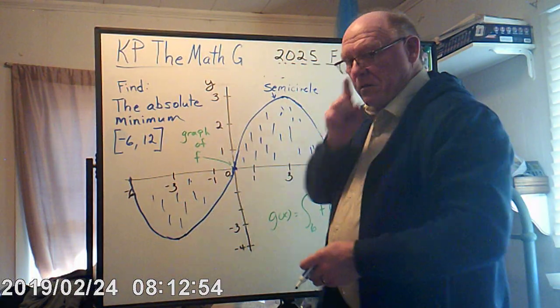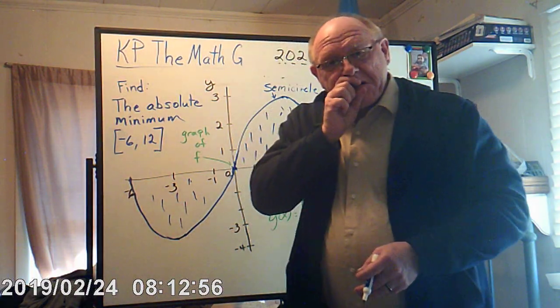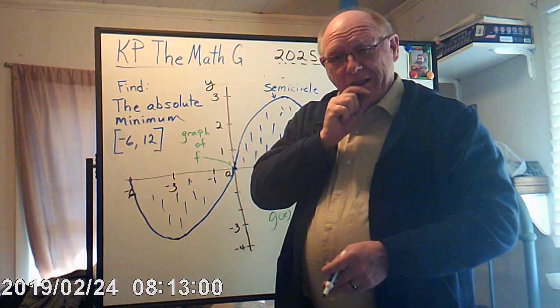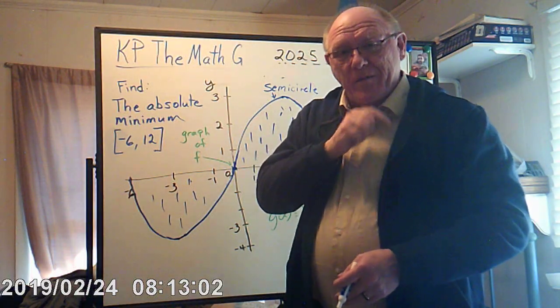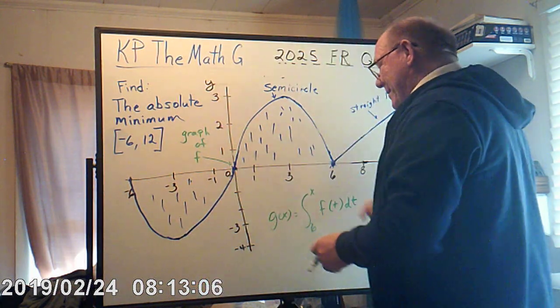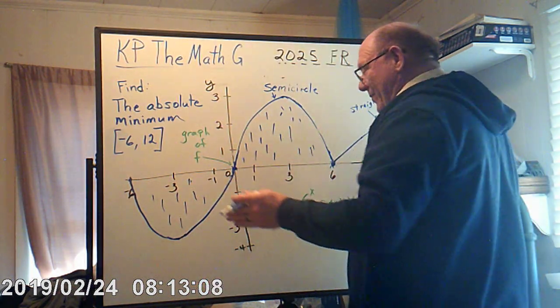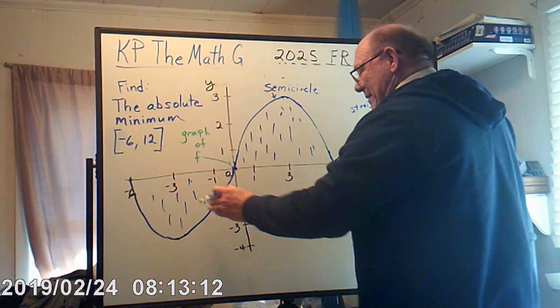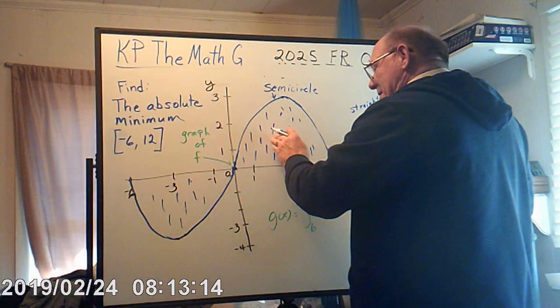Now I know it doesn't look like it because the drawing isn't to scale. It looks more like a parabolic thing, but it doesn't matter. This may look a little bigger than this. It's not, though. They're both the same. And so this area is the same as this.